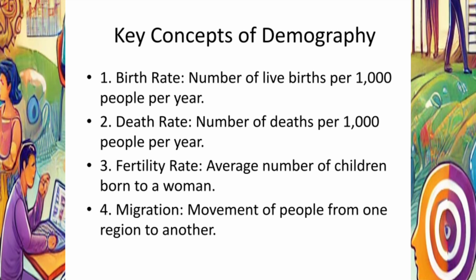The average number of children born to a woman during her lifetime. Number 4. Migration. The movement of people from one region to another, which can be internal or international. Each of these factors plays a major role in shaping the demographic structure of a society.